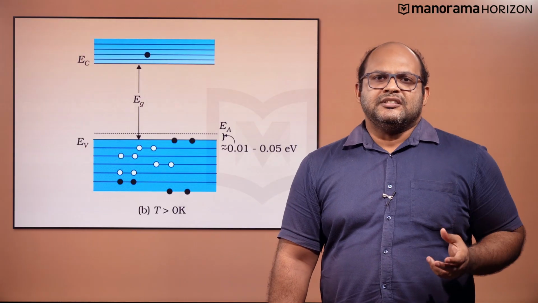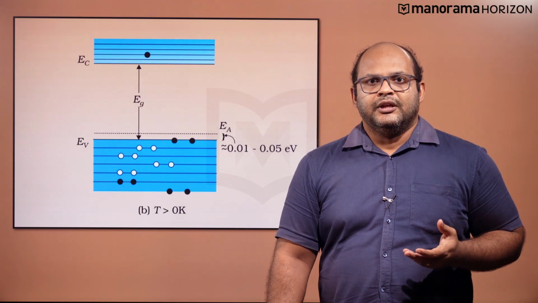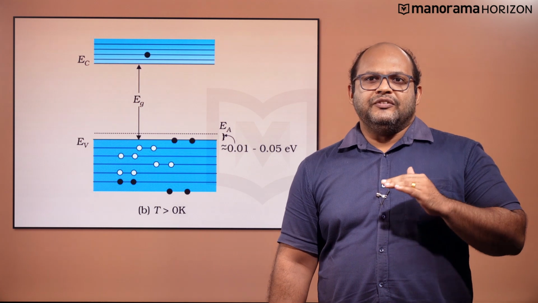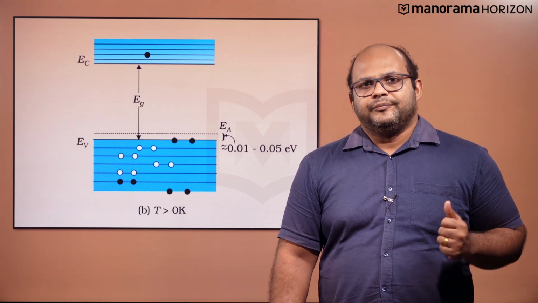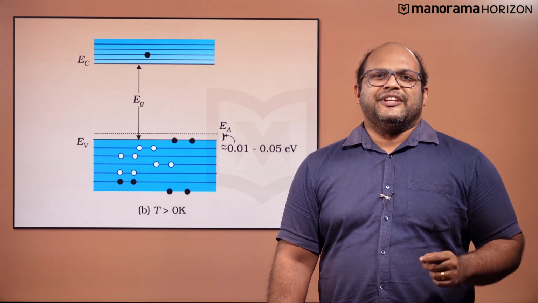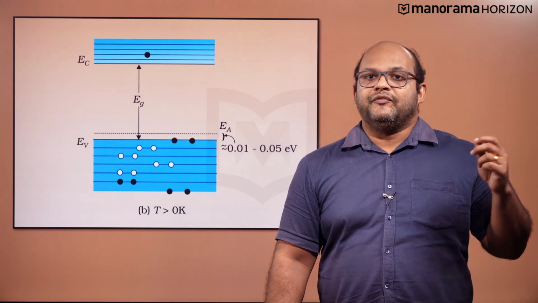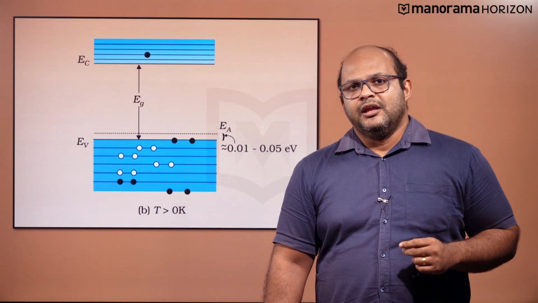For a p-type silicon semiconductor, as we see in the figure, the acceptor energy level EA is slightly above the top EV of the valence band. A small supply of energy is sufficient for the electrons to move from EV to EA, from the valence band to the acceptor band.